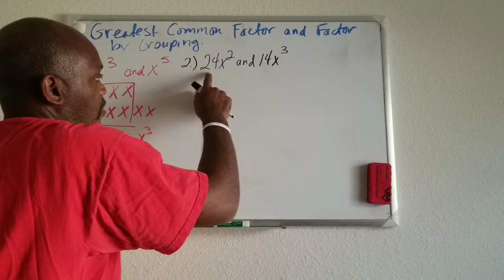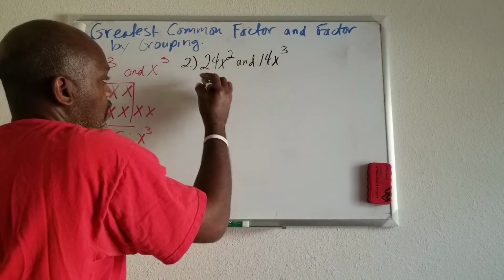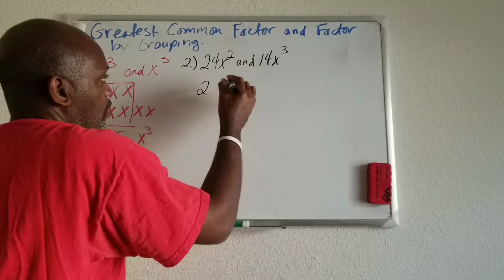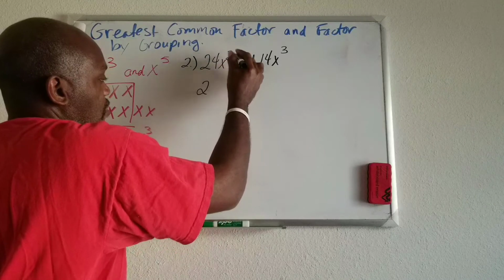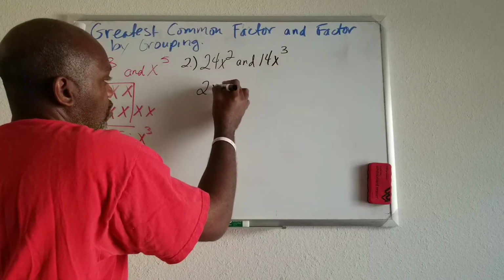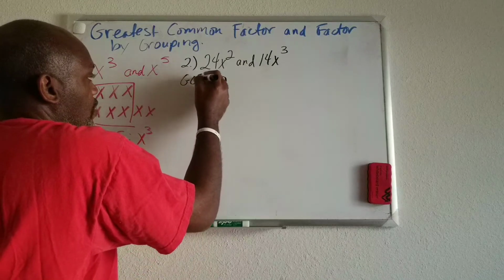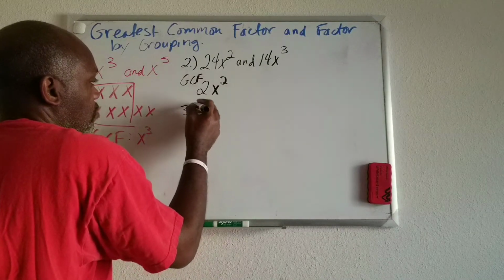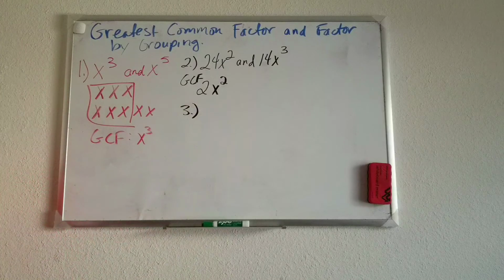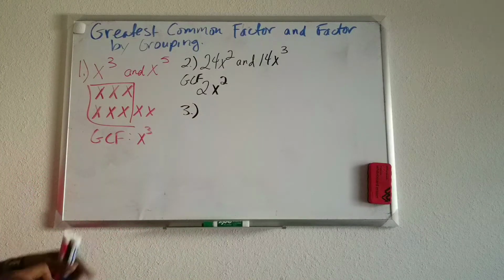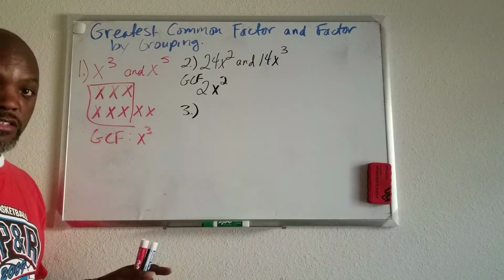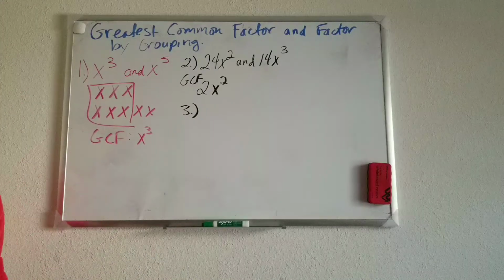The greatest common factor between 24 and 14 would be 2. The greatest common factor between x to the second and x to the third would be x squared. So this would be your greatest common factor, 2x to the second. Now this is going to be vitally important when we begin to factor polynomials.